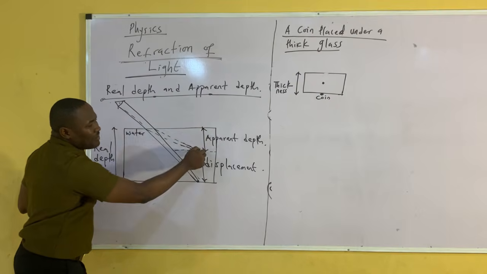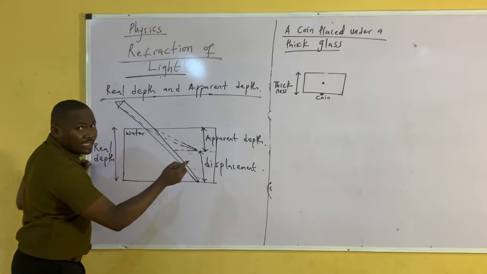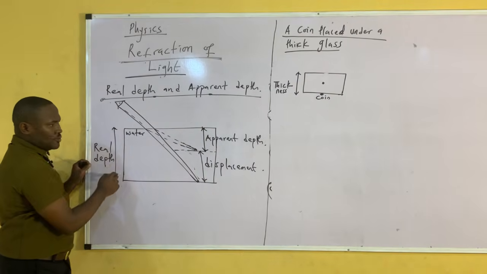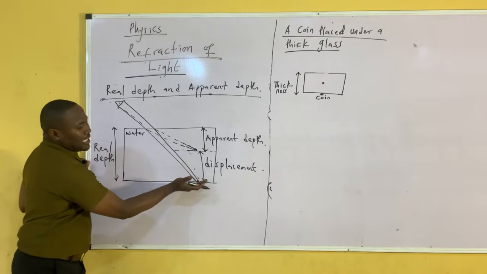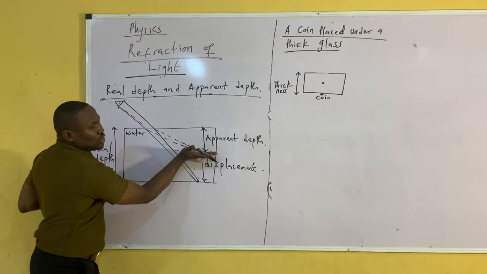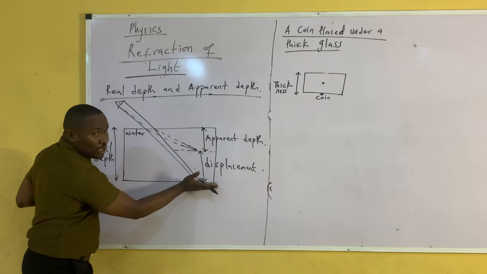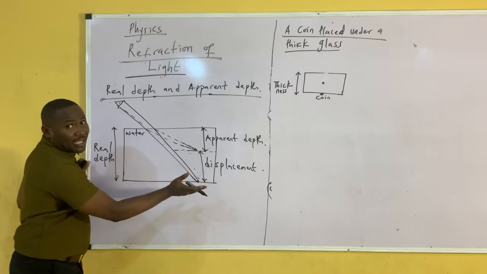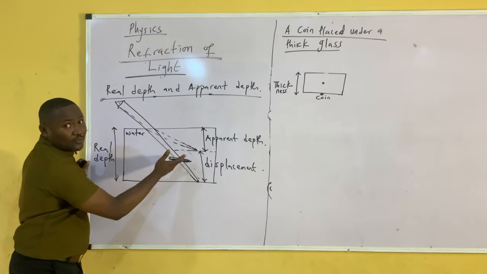So this is the apparent depth, the fake depth. This is actually the real depth. The depth appears shallow, meanwhile it is really deep. Many persons have died in the pool because of this phenomenon.